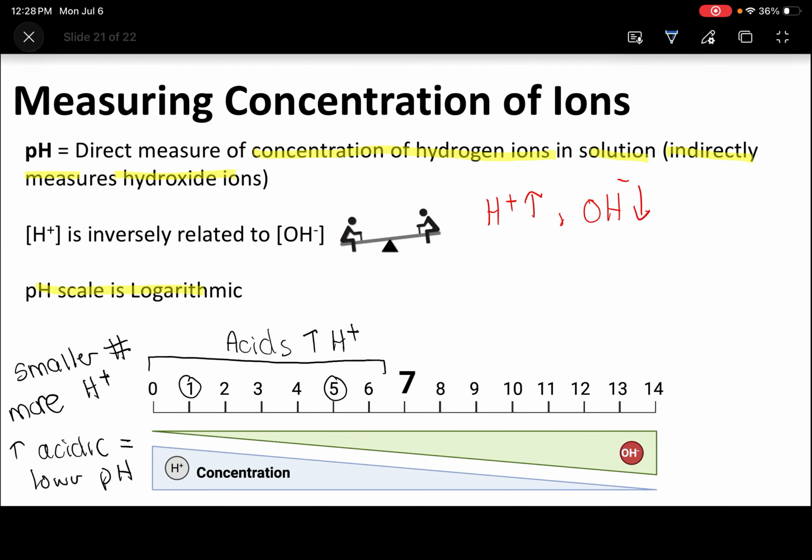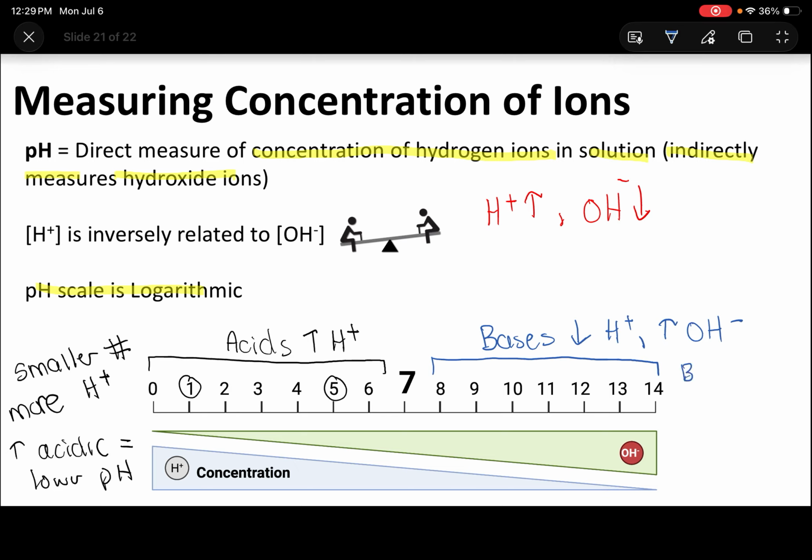On the other end of the scale, between 7 and 14, are our bases. Remember, bases decrease hydrogen ions, and therefore we see an increase in hydroxide ions. So bases, anything between 8 and 14, is going to have fewer hydrogen ions.